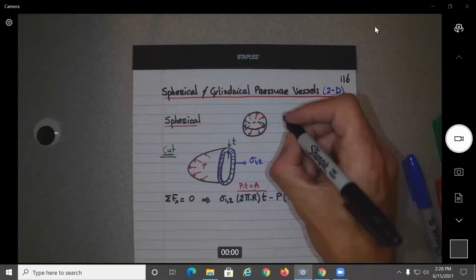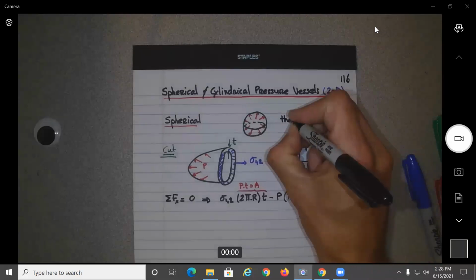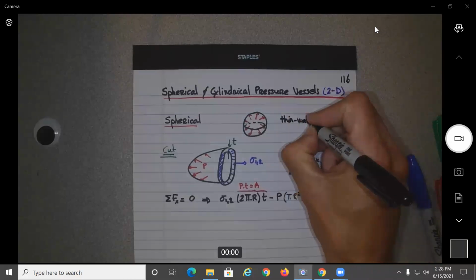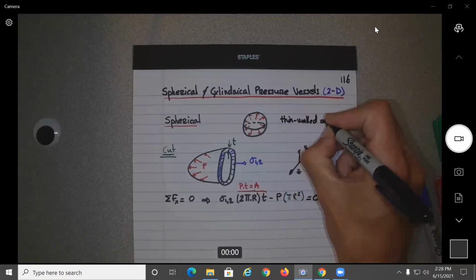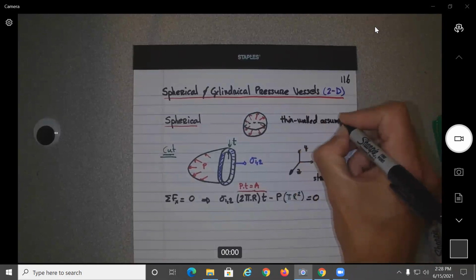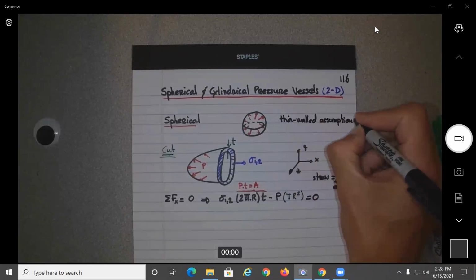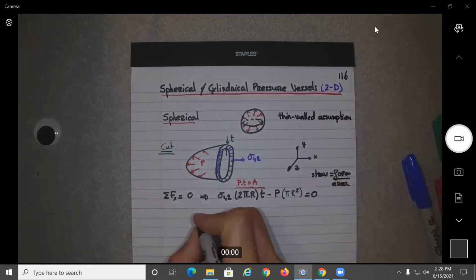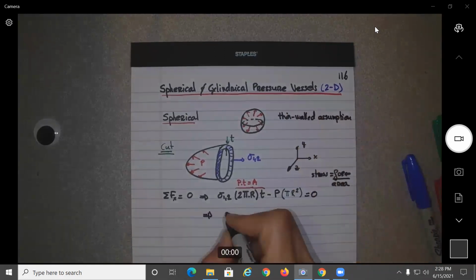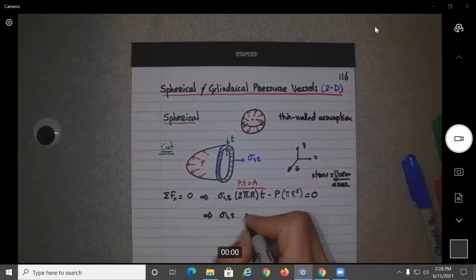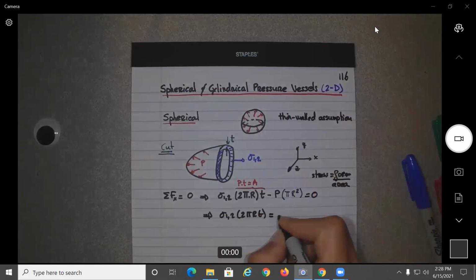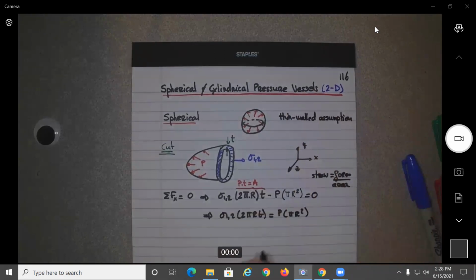So if we solve this equation, we get sigma 1 times 2 pi r t equal to p pi r squared.